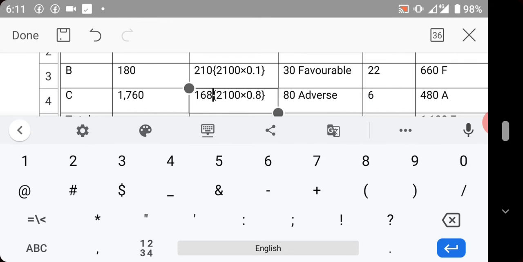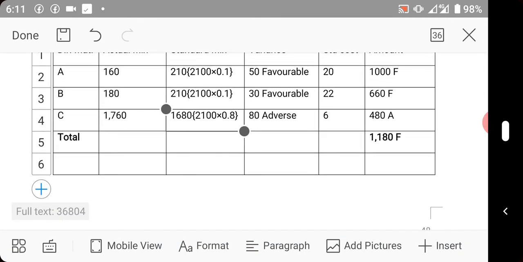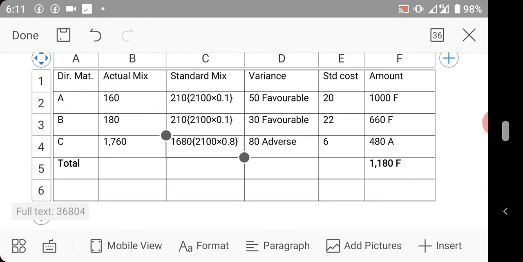So we have 1680. So this minus this, so 210 minus 160 will give you 50.